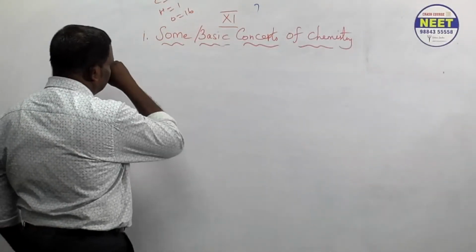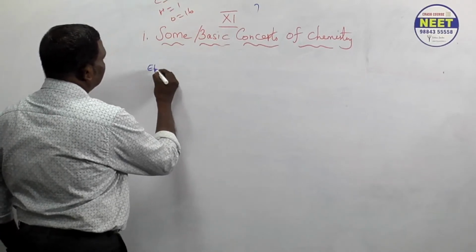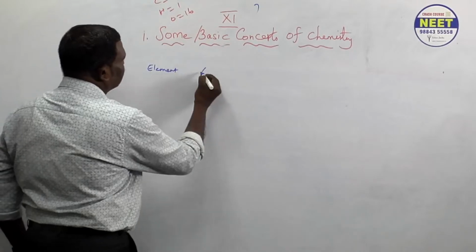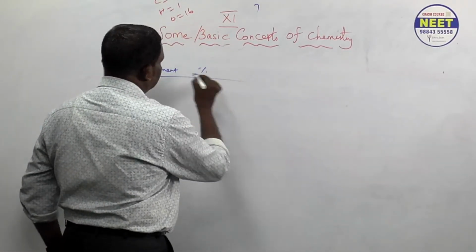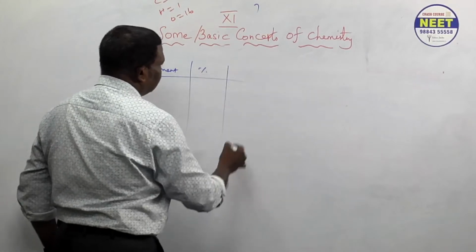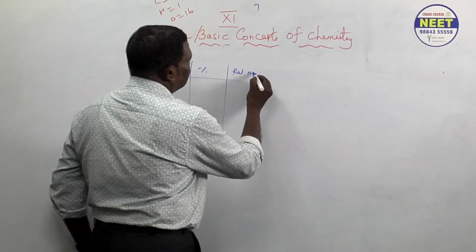Now, see, we make a column. We studied this in lower classes 2 years back. Element, percentage, relative number of moles.